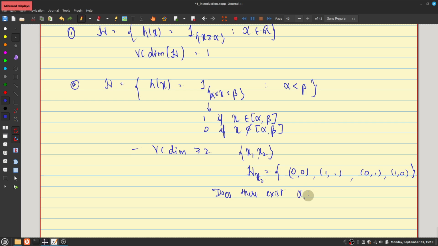Can you find alpha and beta such that h of 0 equals 1, h of 1 equals 0, and h of 2 equals 1? You can't, because if you have two extremes where the function value is equal to 1, it should also be equal to 1 everywhere in between. So in fact, the VC dimension has to be strictly less than 3.